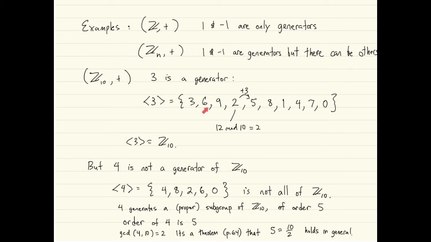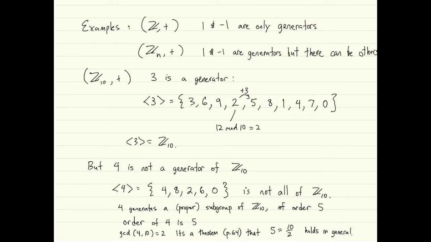So 3, 6, 9, then 12, but then we're working in mod 10 land, and so the 12 is the same as 2. Then I add 3 to the 2 to get 5, 8. 8 plus 3 is 11. I care about the last digit because I'm working mod 10 land. And then 4, 7, and then finally 0. Once I'm at 0, I'll add 3 to 0, you get back here. Okay, so it turns out that we get all the elements of Z10.